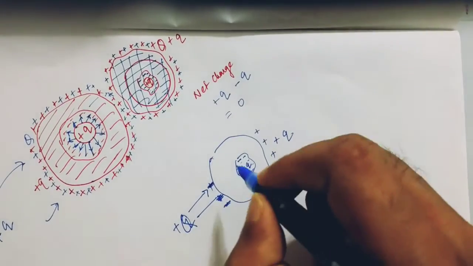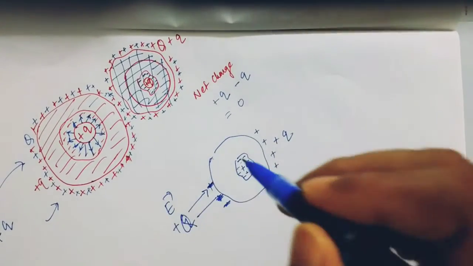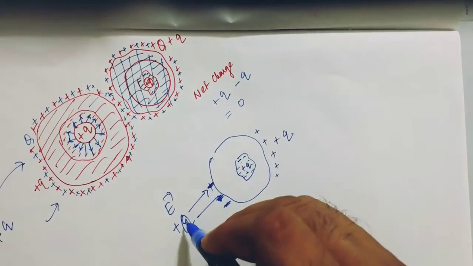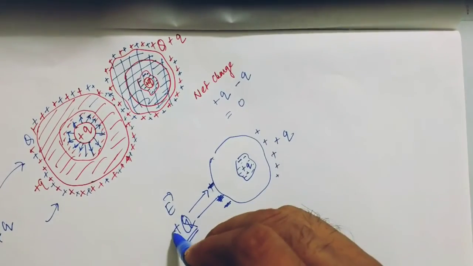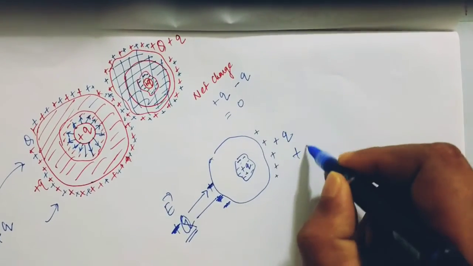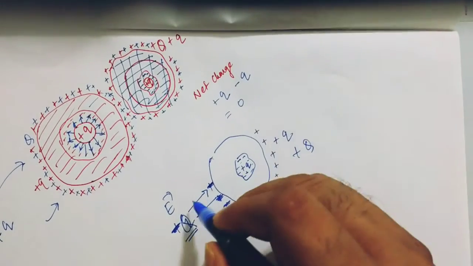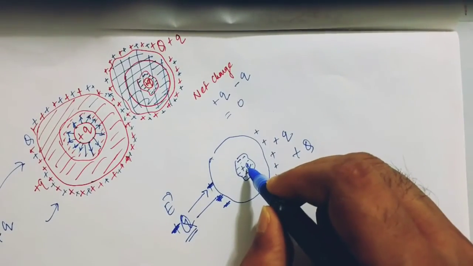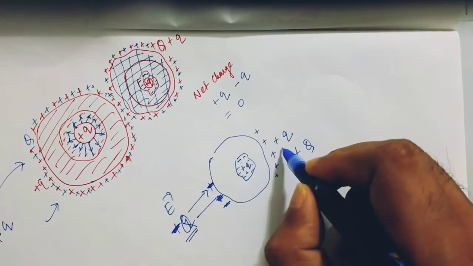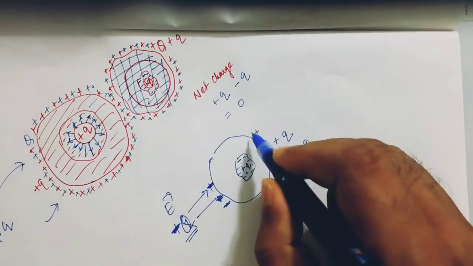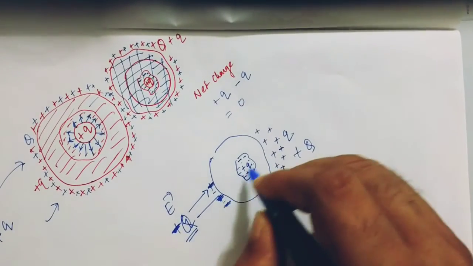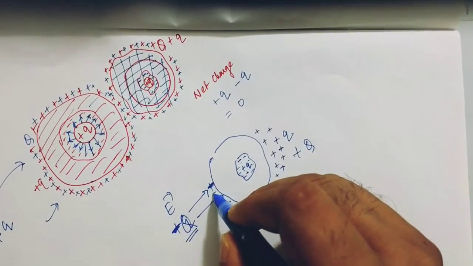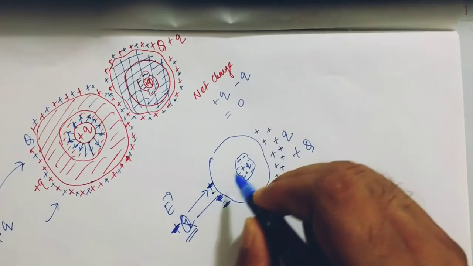Suppose we have put an electrical field in this, and due to the electrical field the electrons cluster this much, suppose this is minus Q this side and plus Q this side. The cavity has the positive charge Q, so on this side positive Q will be added on the surface, and this side there will be less negative charge.